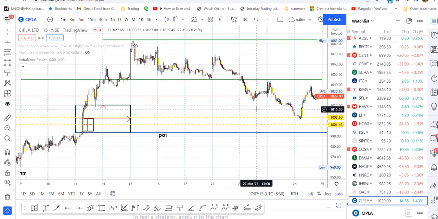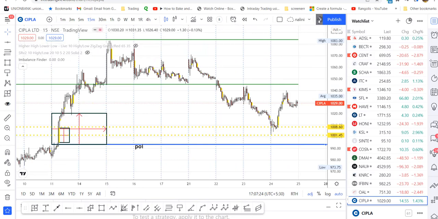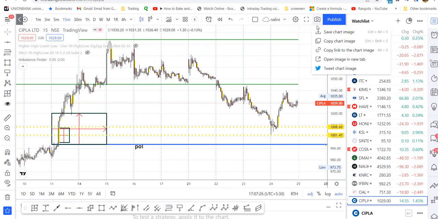Before taking any trade, you mark the structure. So I mark the structure from body to body.